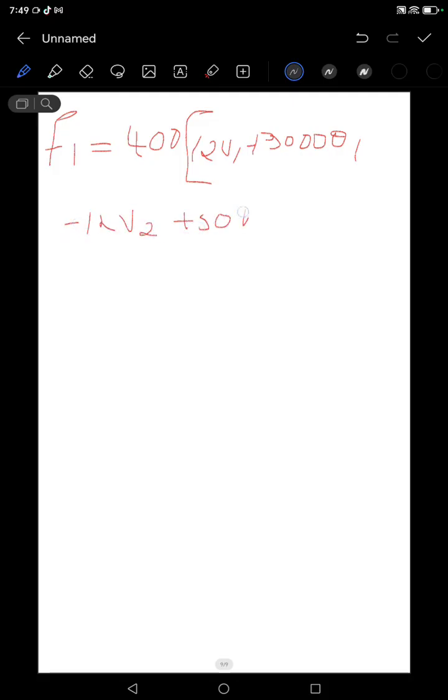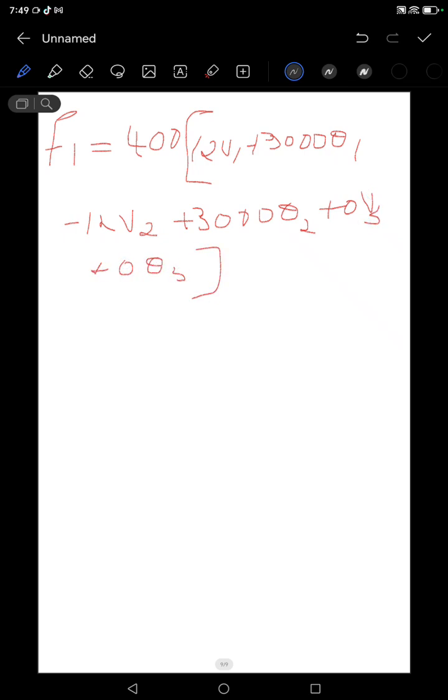So this is what I'm saying. To determine F1, it's going to be 400. Just go back to your global stiffness equation. So it's going to be 400 into 12 V1 plus 3000 theta 1, and then minus 12 V2 plus 3000 theta 2, and then plus 0 V3 plus 0 theta 3.